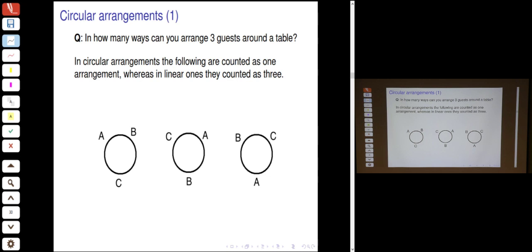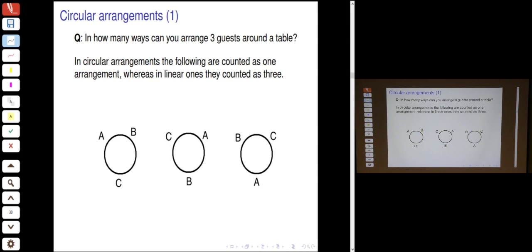So on the circle, these 3 positions, let's imagine this is the most important position. A is here, and A, B, C, and now C is sitting at the most important position. CAB and BCA, on the line they are different, but on the circle they are actually the same, because you can turn them.